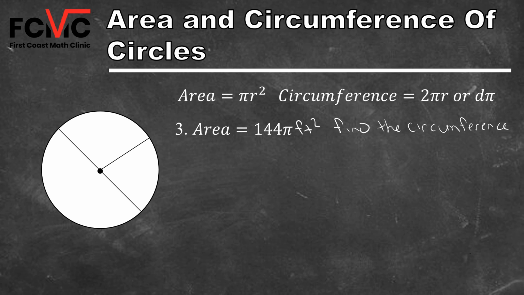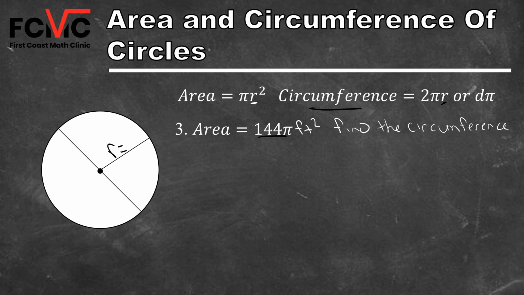We want to find the circumference. So let's work backwards. We know that to find our circumference, if we knew the radius, right? If we knew our value of r here in this circle, we could figure out the circumference, right? So let's work backwards, use our area and our area formula to figure out our circumference.